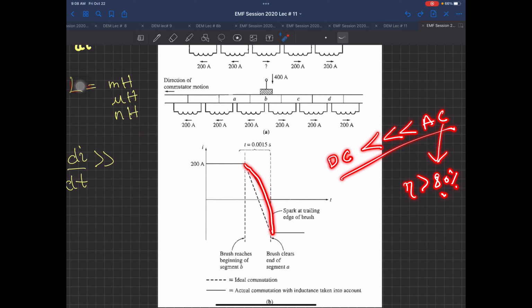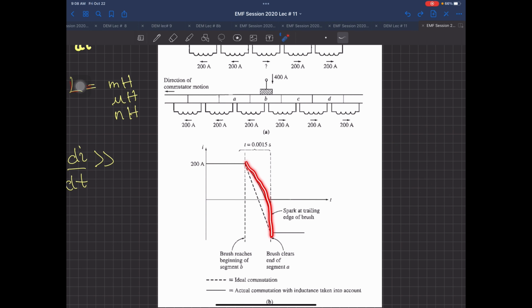But practically the only reason for our industry, or all around the world, DC is now obsolete and AC is taking over is just because of this L di by dt effect. So even if armature reaction is not taking place, this trailing effect, this sparking, is created because your conductor is having a shift in its direction of current, this 200 to minus 200 ampere of current change in a very small time.